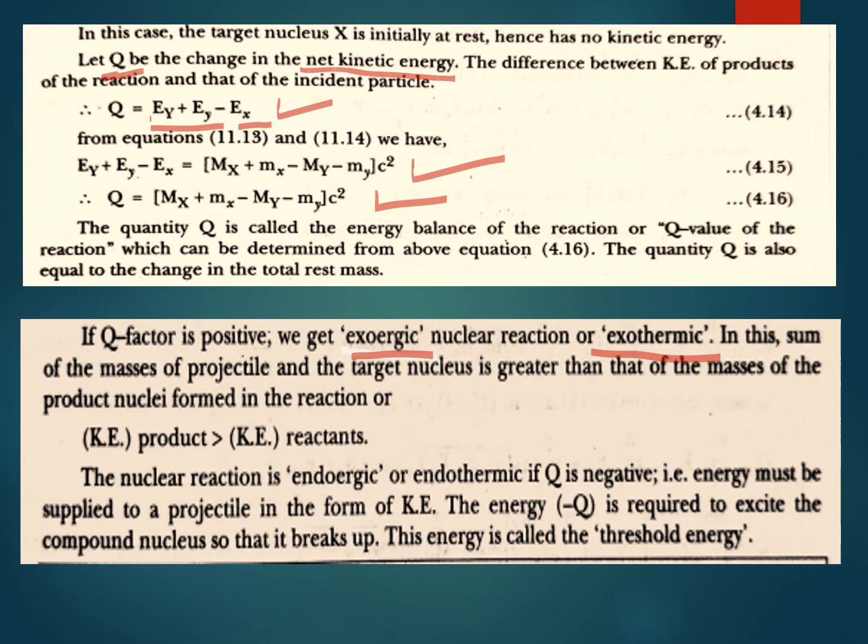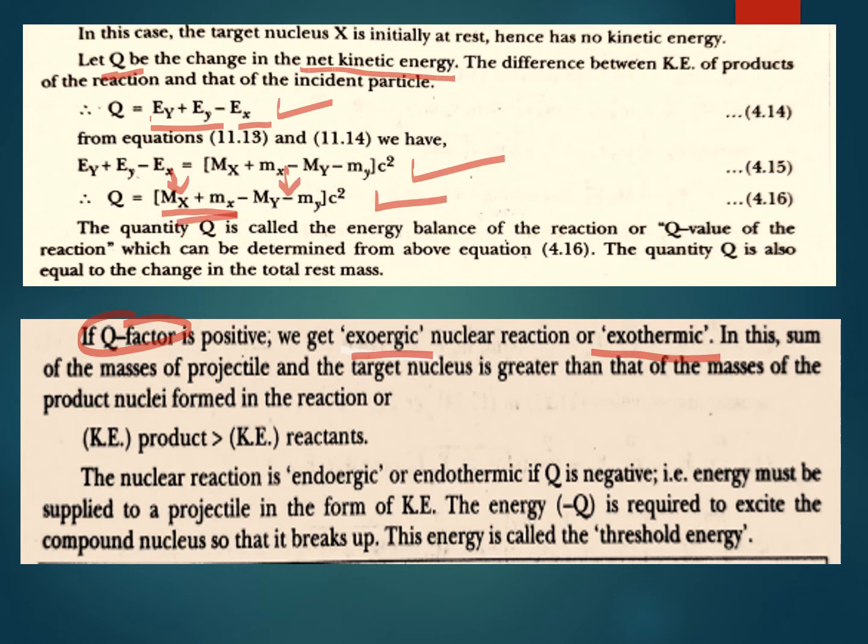In that case, we consider Q positive, which means the mass of the products is less than the mass of the reactants. When Q is positive, this term must be positive, and this term will be less than this term.